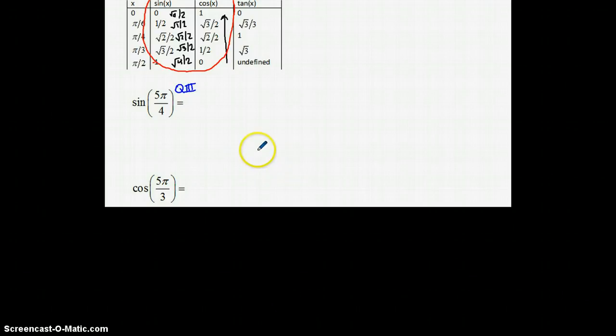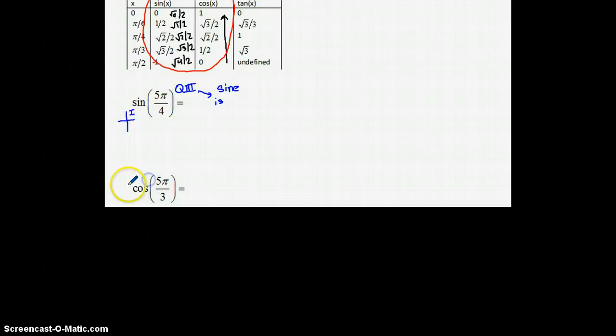Now, in quadrant 3, what sign is sine? Well, quadrant 3, well, all students take calculus. Tangent is positive in quadrant 3. Sine is negative. Also, you can make a little diagram like this.